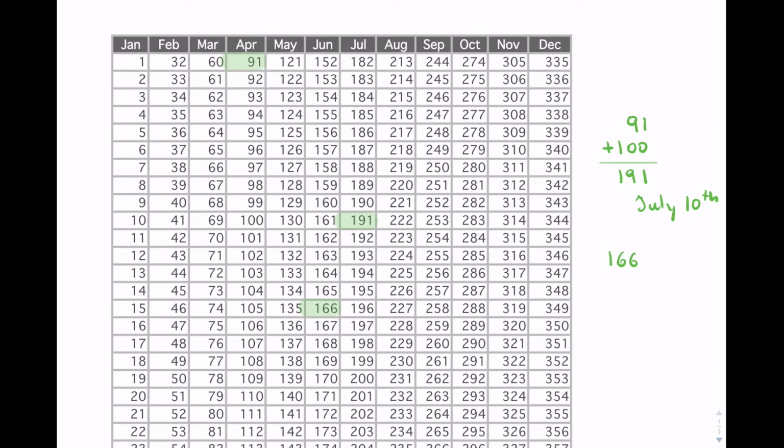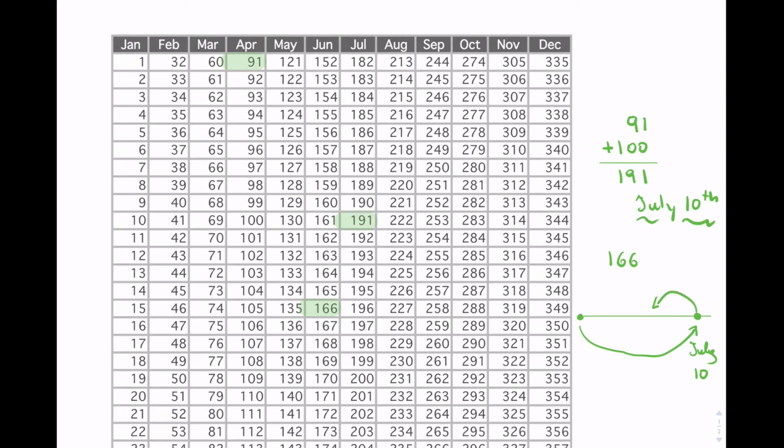Let me redraw this timeline so you know what's happening. We moved our promissory note over to July 10th, that's 100 days.